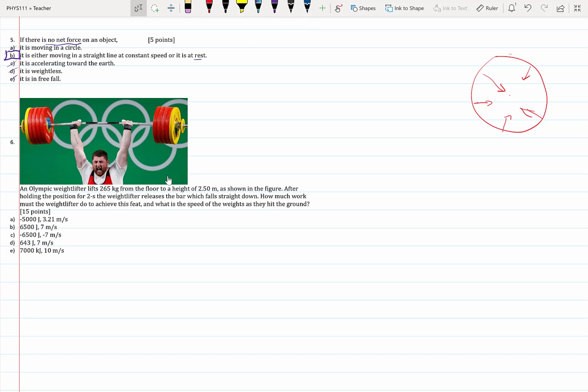Now let's move on to question 6. An Olympic weightlifter lifts 265 kilograms. Mass is 265 kilograms, from the floor to a height of 2.50 meters. Let's assume up is positive. This weightlifter starts at a distance of 0 in y, then up is positive.